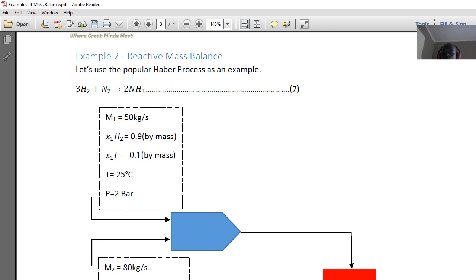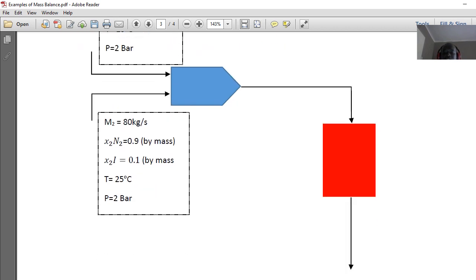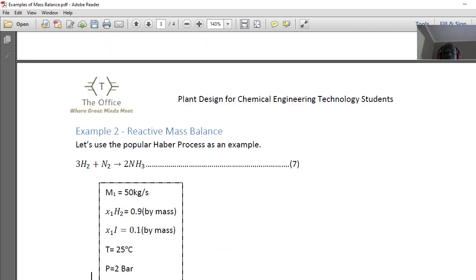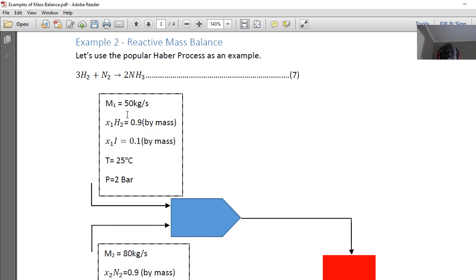So in our example, there's our little process flow diagram. We've got 50 kgs per second of a stream that is 90% hydrogen by mass and 10% of an inert. It's coming in at 25 degrees Celsius, and it's at 2 bar. These are all the things you would need to set up this simulation in a simulator, right?